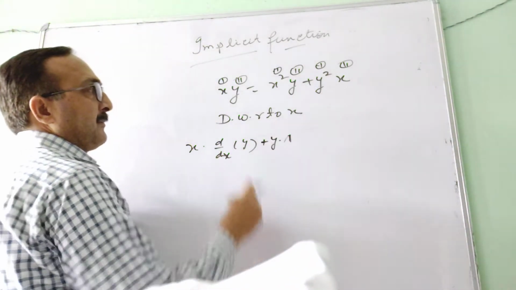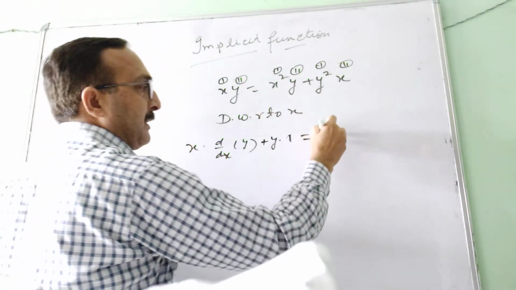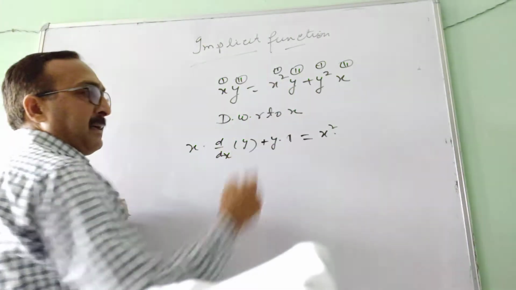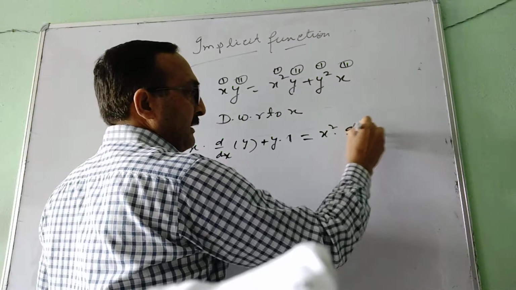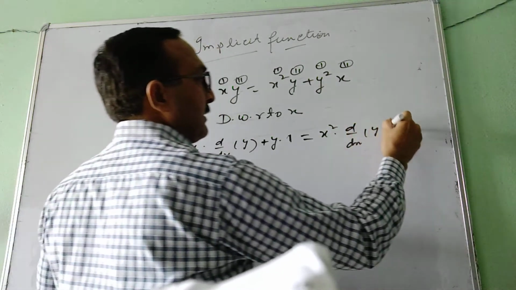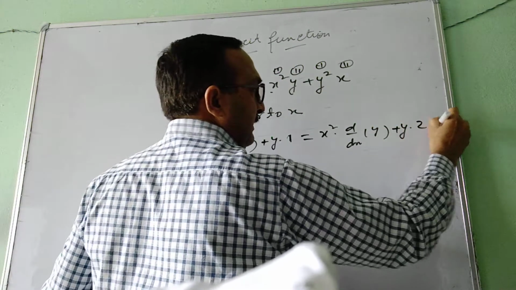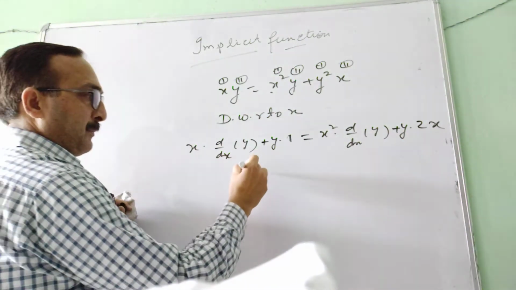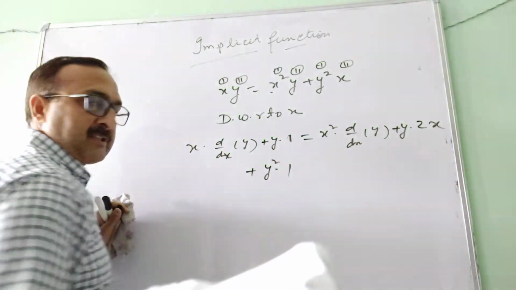Differentiation of first, x, is 1, equal to, now x square times differentiation of y, that is d upon dx of y, plus y, and you know x square differentiation is 2x, plus another term y square.